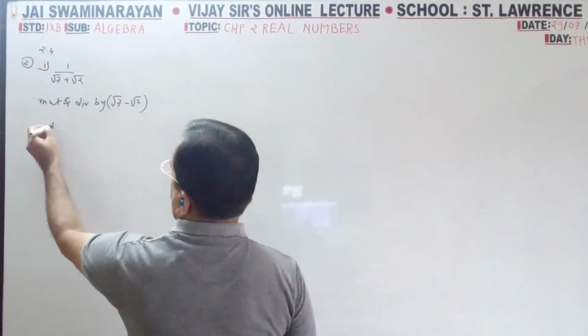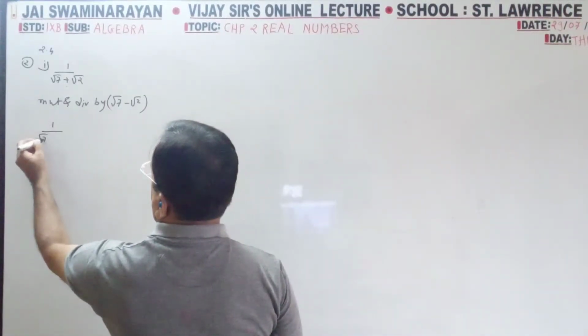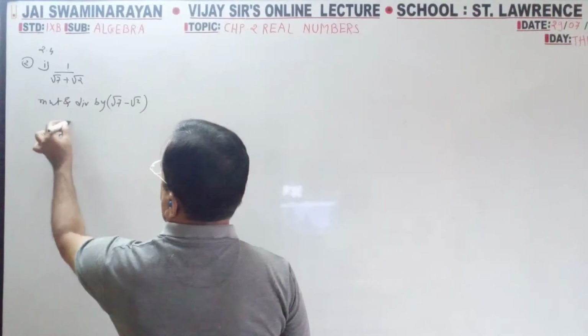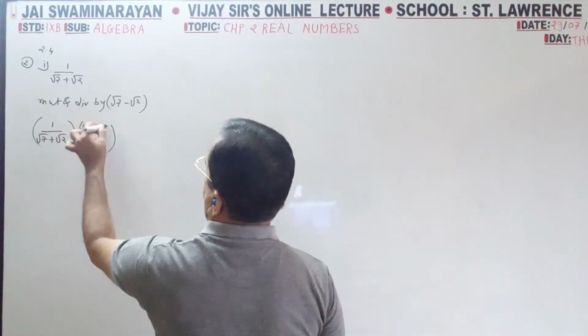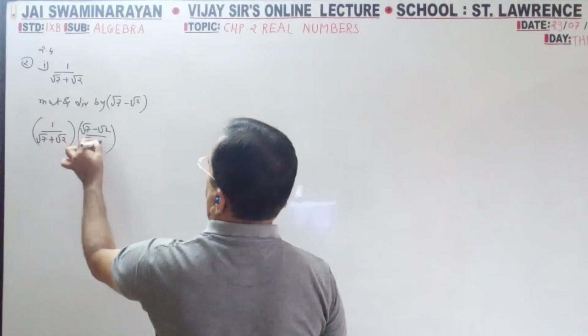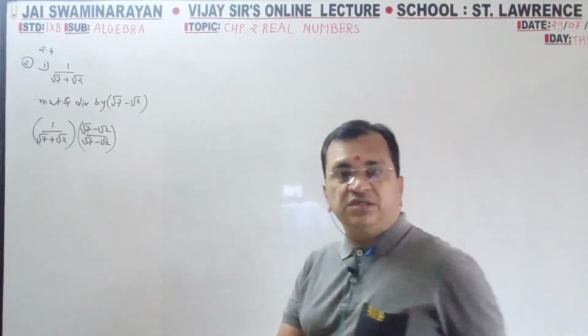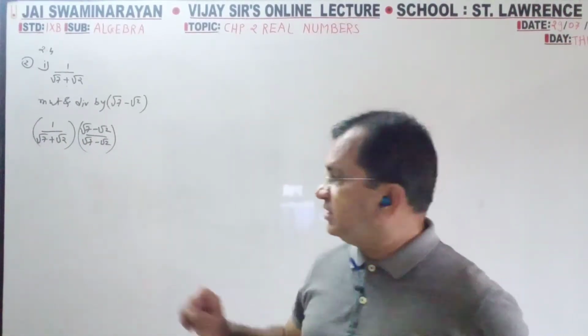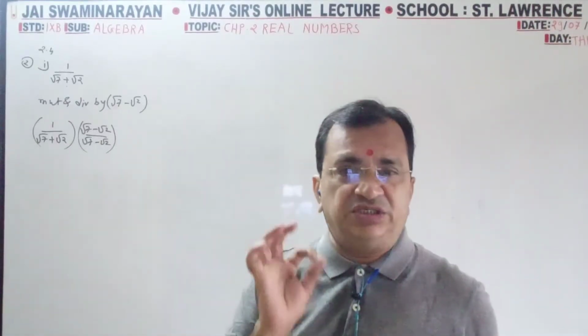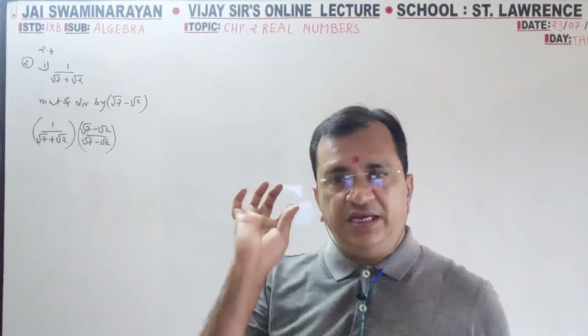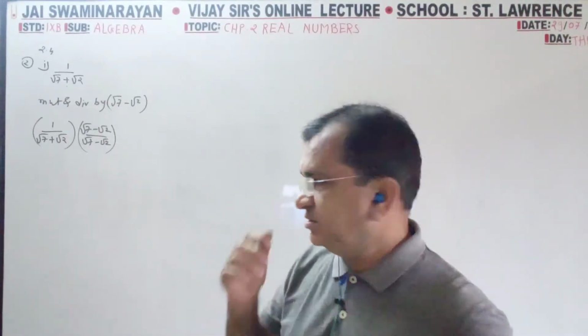So your original question, multiply and divide by root 7 minus root 2. Opposite pair, you can't change the previous sign, only the middle sign you have to change. Keep in mind, only the middle sign you can change.